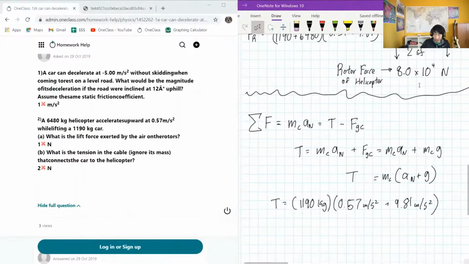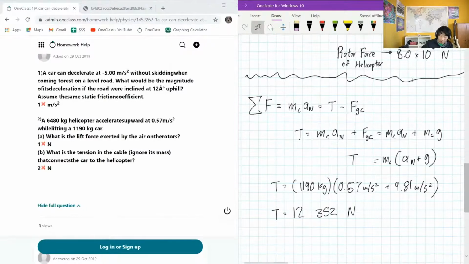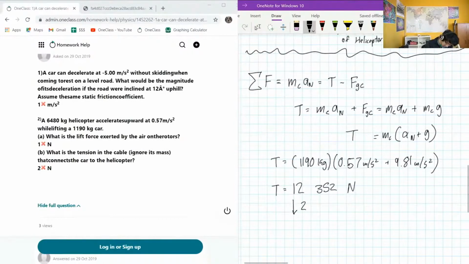Okay, let's calculate that, and we can find the tension in the cable. My result for this calculation is 12.352 newtons, and to two significant figures we get 1.2 times 10 to the 4 newtons.